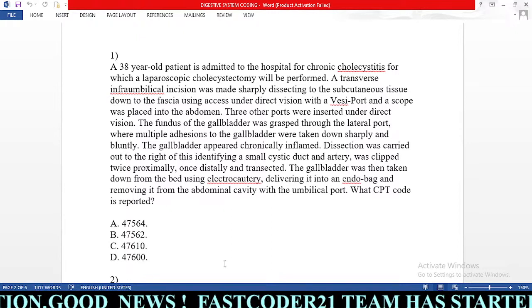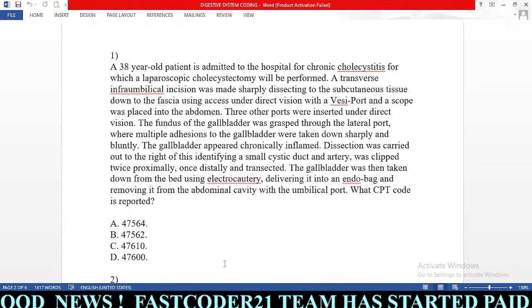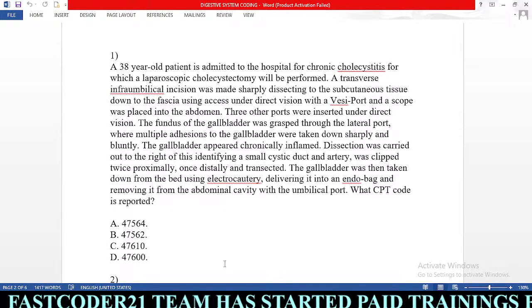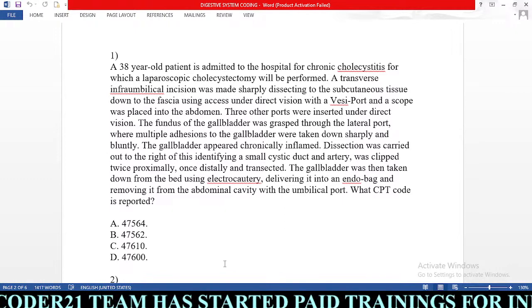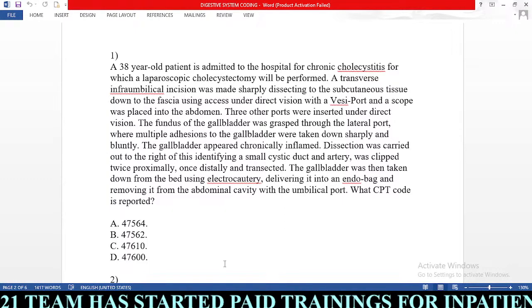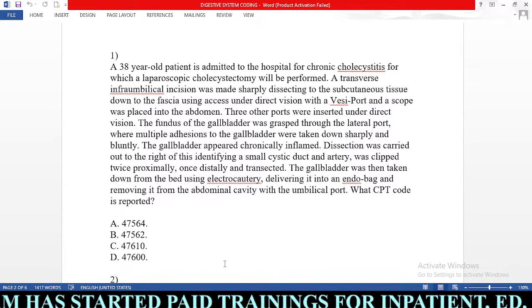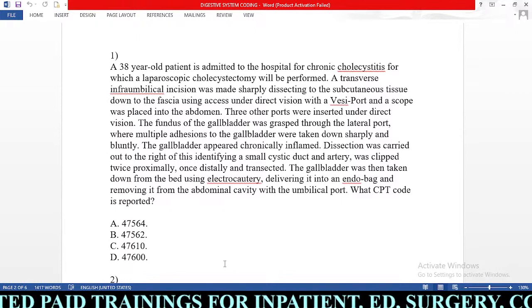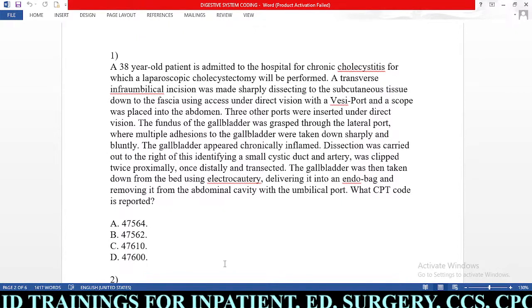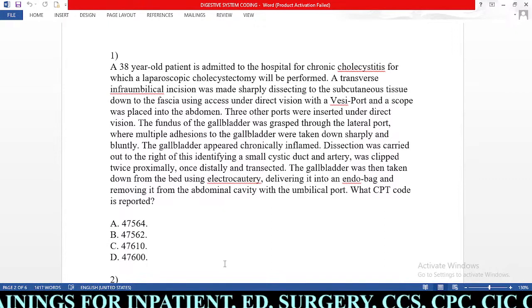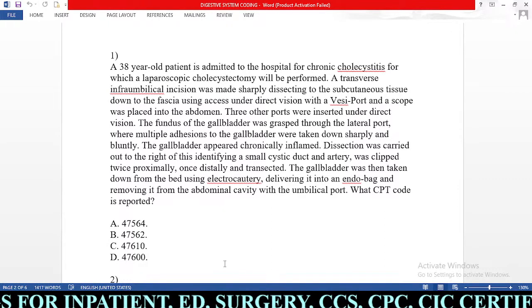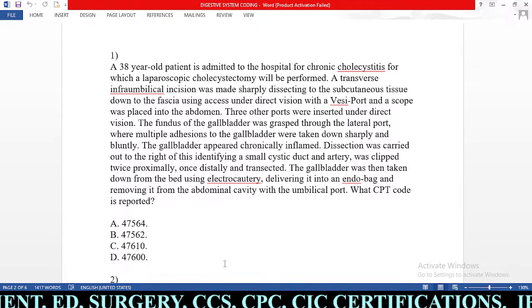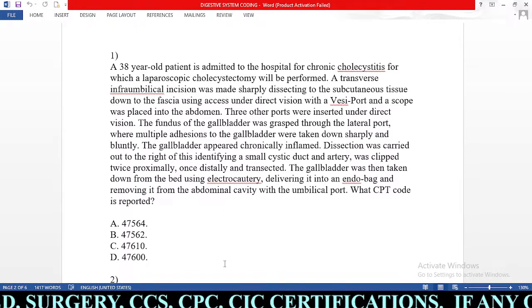You need to be familiar with all of your CPT book, then only can you write properly. Thank you guys.